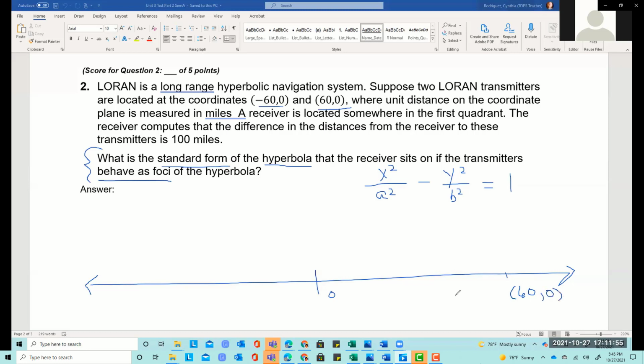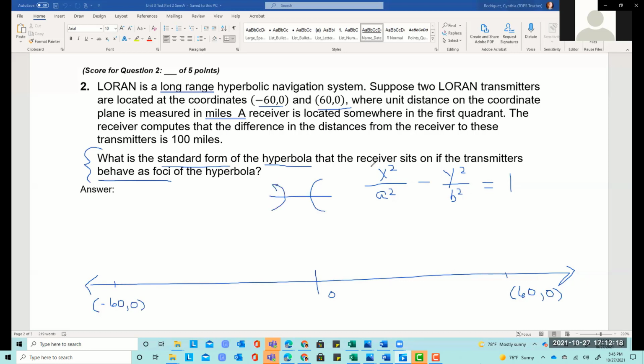And then I go the same distance to the left, -60, and 0. I do know that I'm going in the direction of the x-axis, so it's going to be a hyperbola that opens up like this.